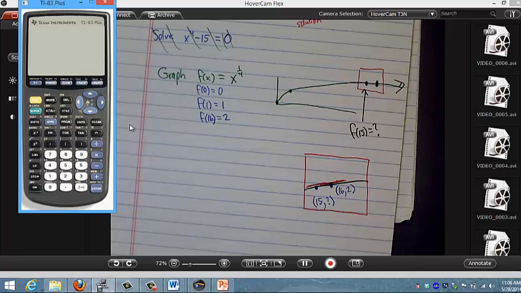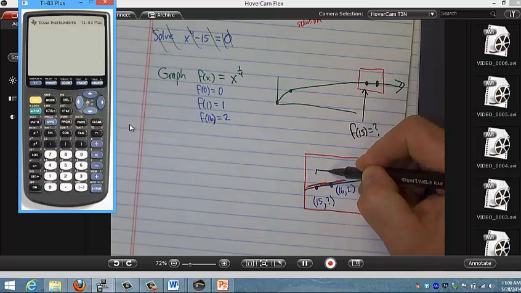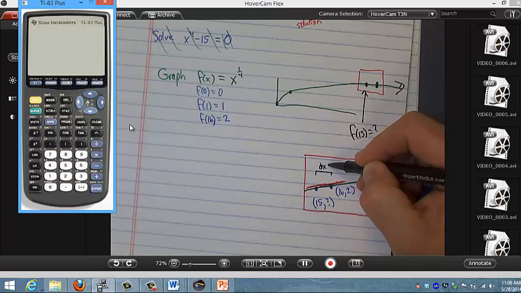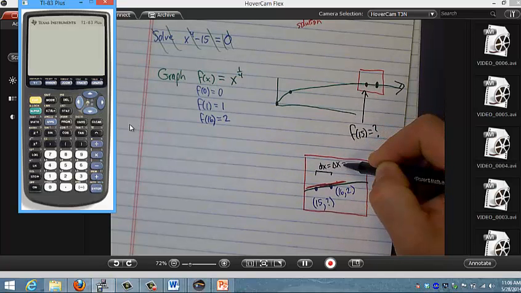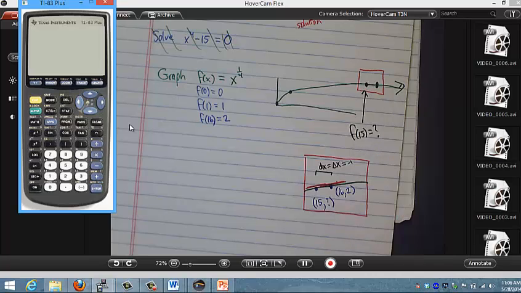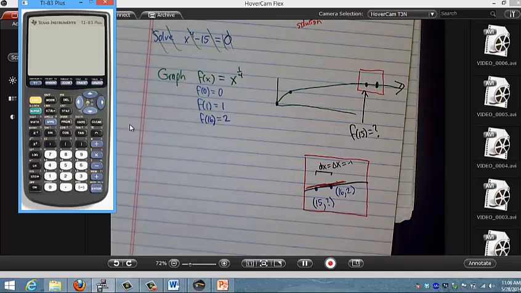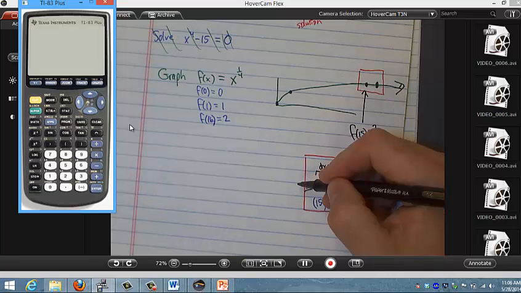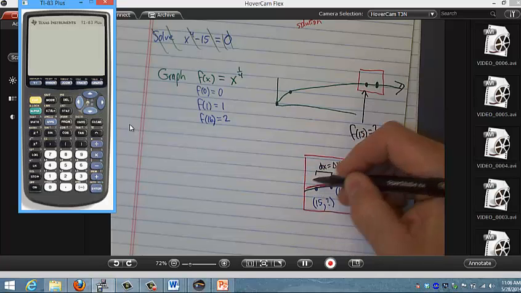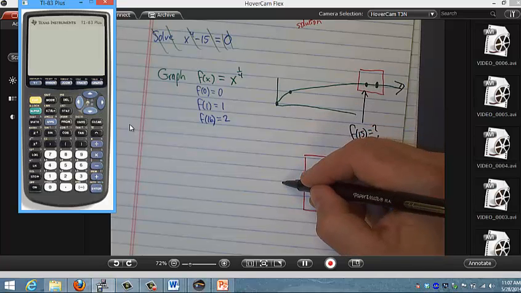So let me ask you guys this. What does dx equal? Some people would say -1 because you're going backwards. Does that make sense? It could be 1 or -1. What about dy? Well, dy is not delta y.